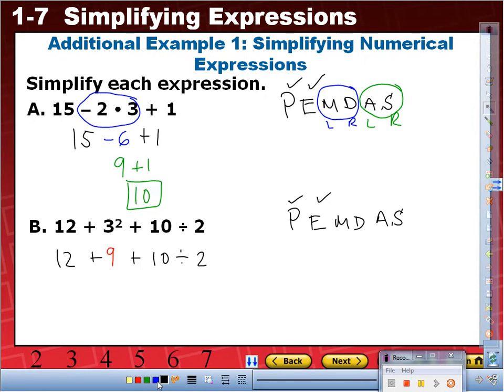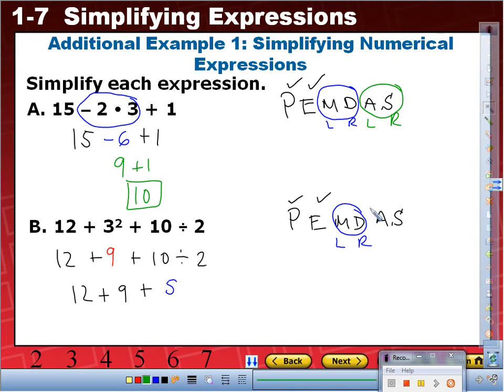All right. From there, I'm going to circle my multiplication and division. Do I have any multiplication and division? Yes, I have it right here, but I'm still going to scan from left to right. So I'm going to start from the left. Nothing here, nothing here, nothing here. What is 10 divided by 2? 5. And I bring everything else down. 12 plus 9 plus 5.